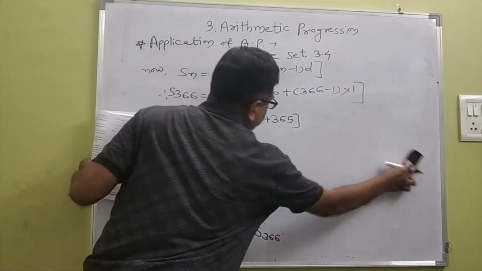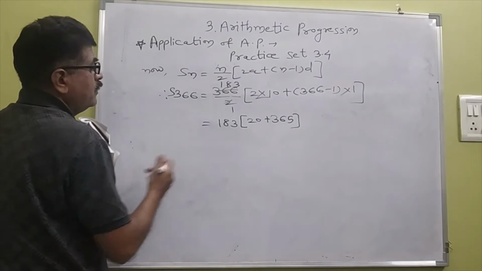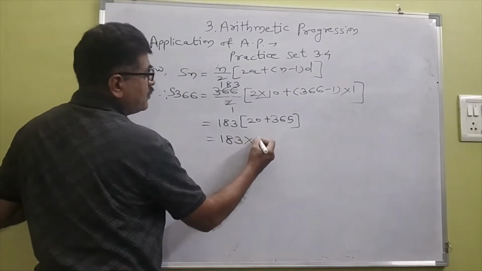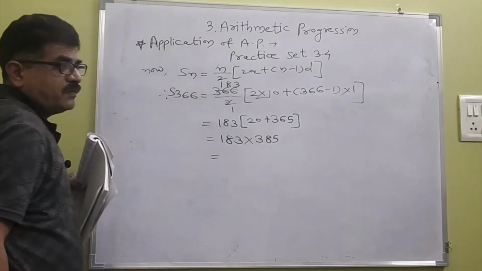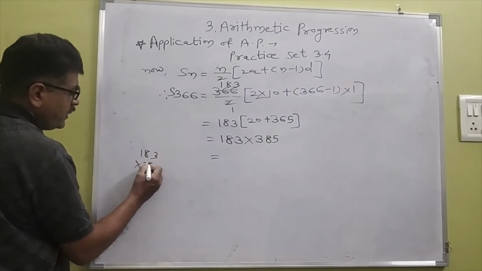Therefore S366 is equal to 183 into the addition of this, 385. Now take the multiplication, 183 into 385.